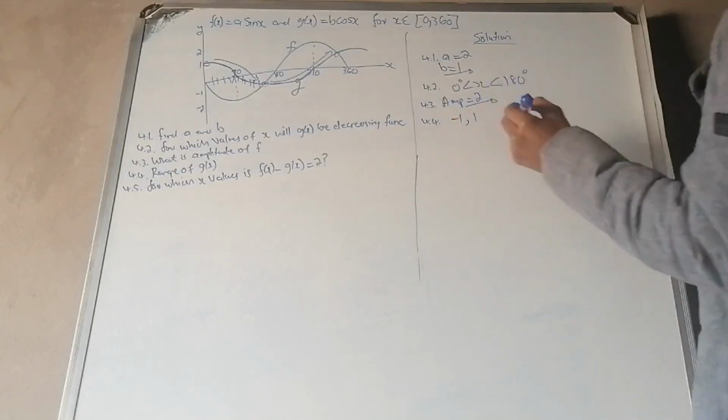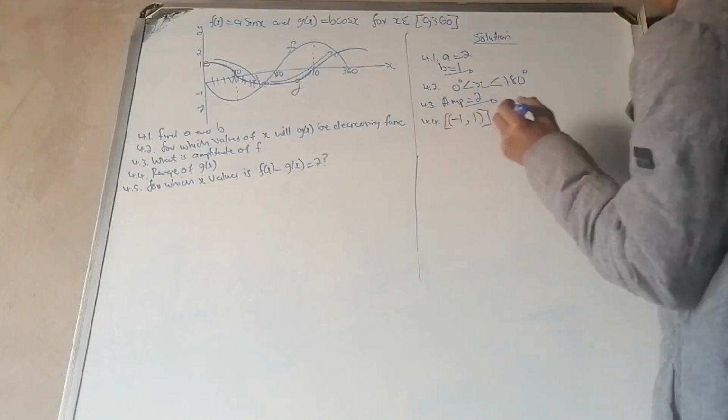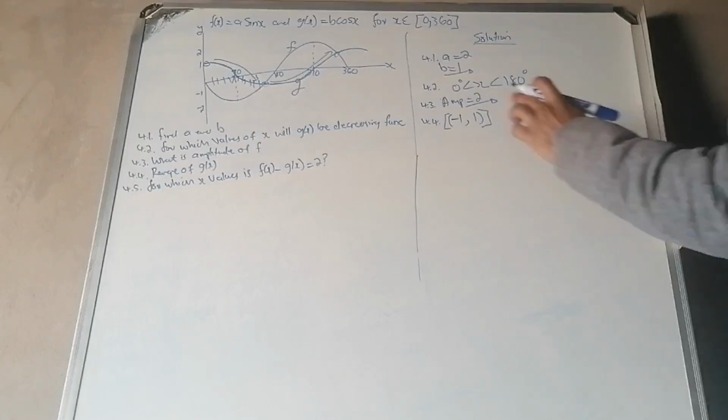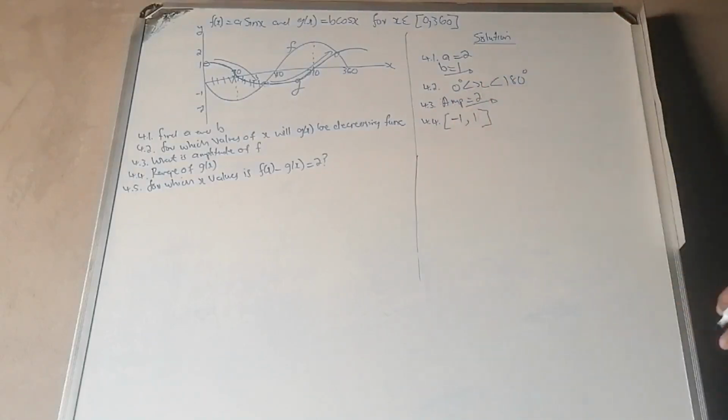Now the question: do we make open brackets or inclusive brackets? Which ones do we make? Will this graph ever go up or will it ever go down? No, it is fixed at 1 and -1. Therefore, we close. We are closing that to say that the function must be enclosed at -1 and 1. It can never go up or down.